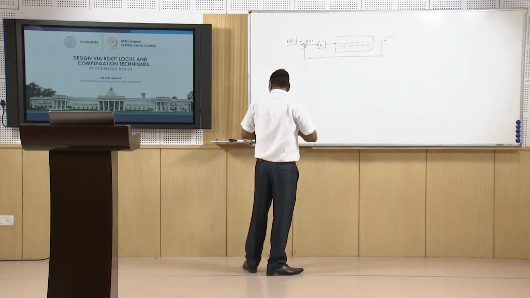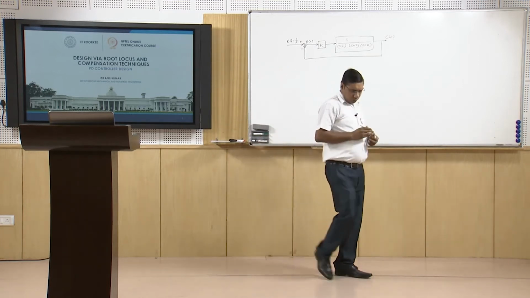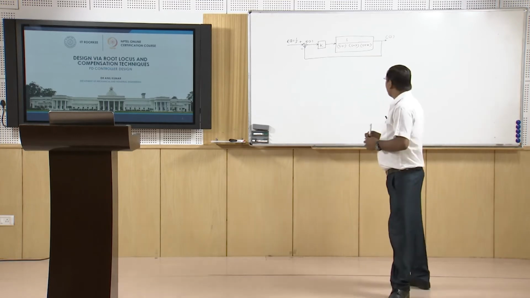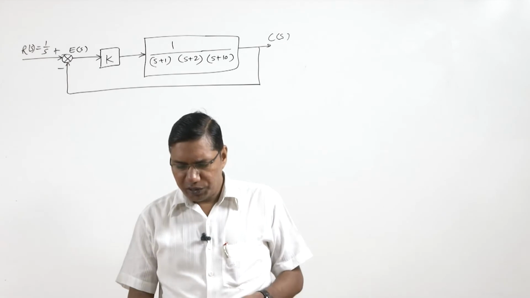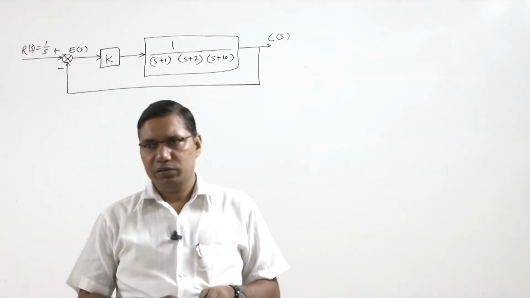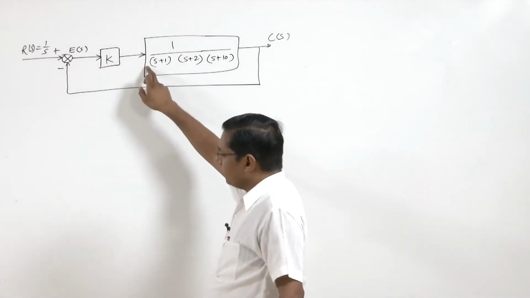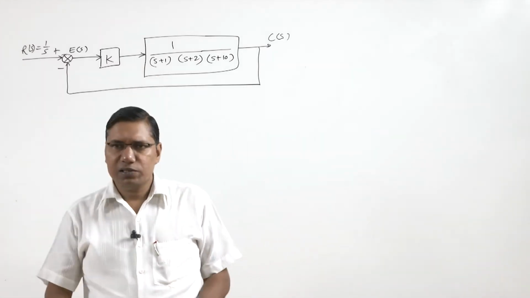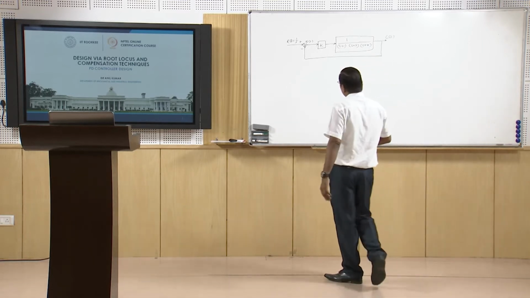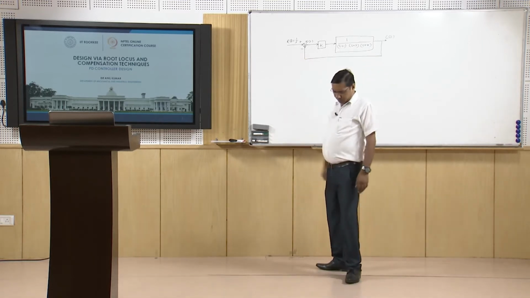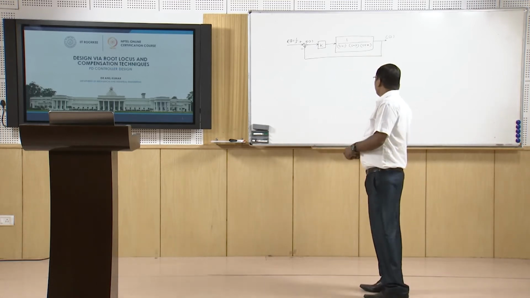In this system there is no pole at origin because there is no S. So this is a type 0 system, and this type 0 system is subjected to a step input, so R(s) equals 1 by S.